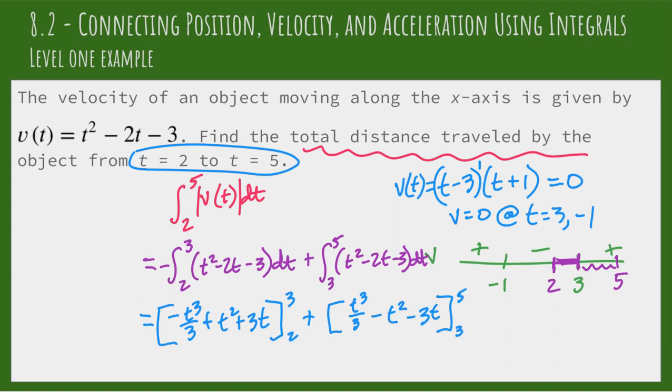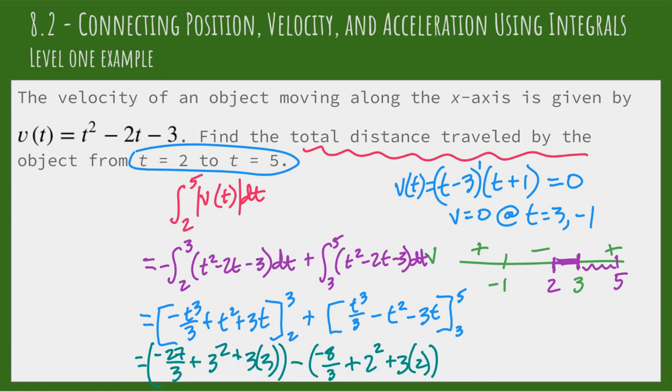Then we're going to plug in those values. So we get negative 27 over 3 plus 3 squared plus 3 times 3 minus negative 8 over 3 plus 2 squared plus 3 times 2 plus 5 cubed over 3 minus 5 squared minus 3 times 5 minus 3 cubed over 3 minus 3 squared minus 3 times 3.